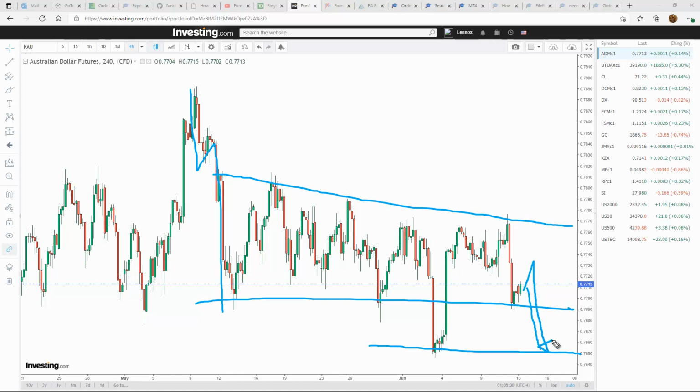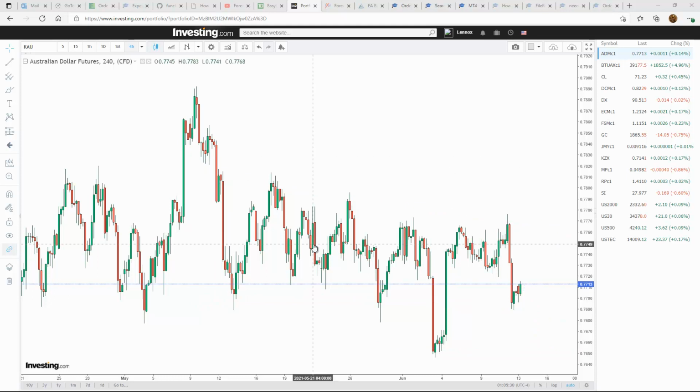So weakness in the Aussie dollar for the first part of the opening sessions here, which is today. It's like 10 o'clock Pacific time, 1 a.m. Eastern time. We can expect maybe a little bit of strength, very short term, but continued weakness going into the longer term. So that's how I break down the chart.